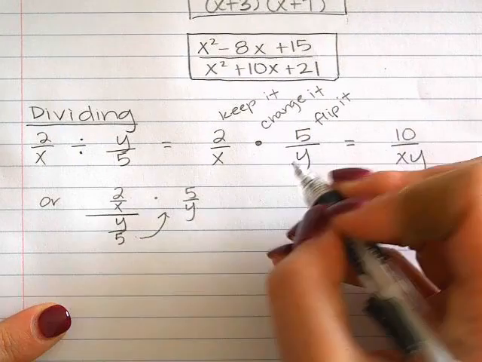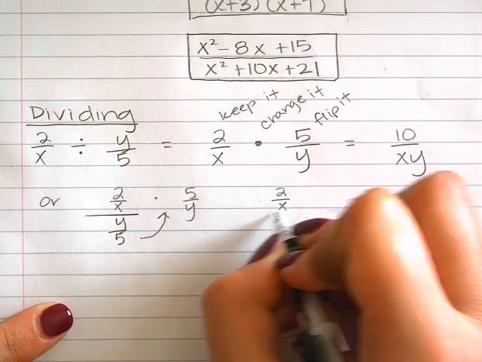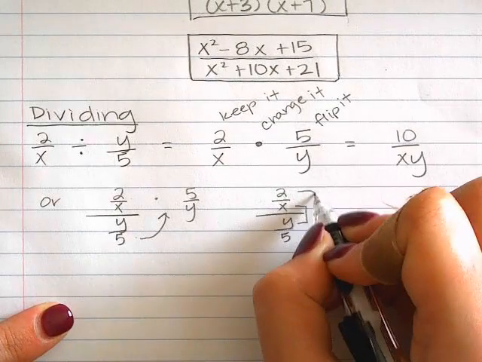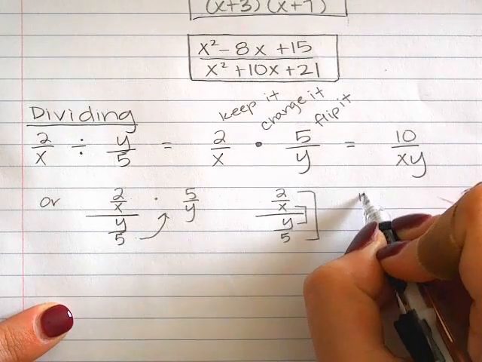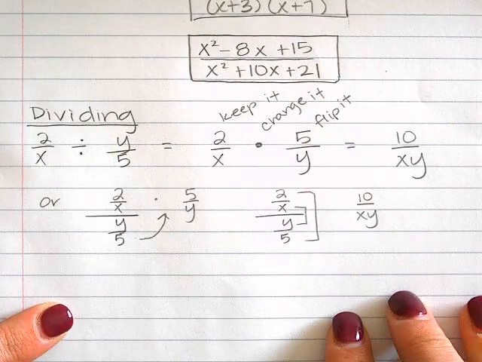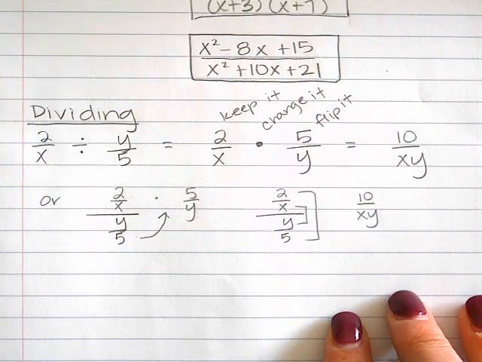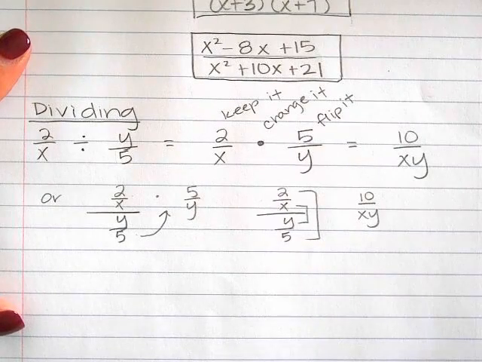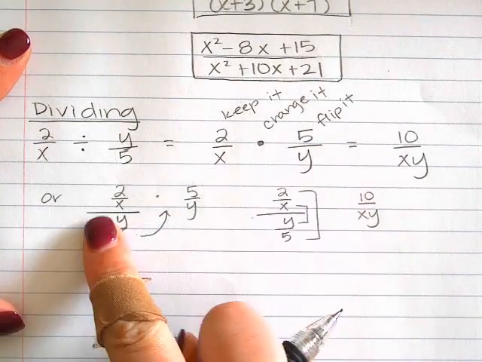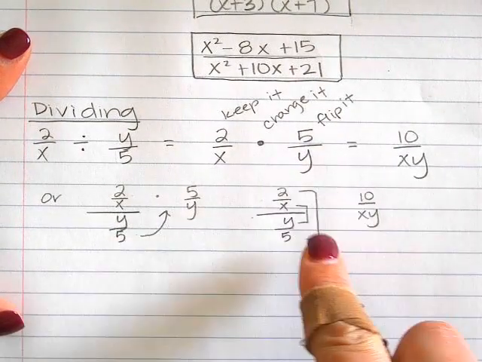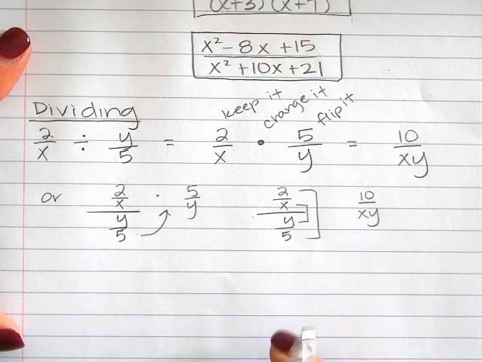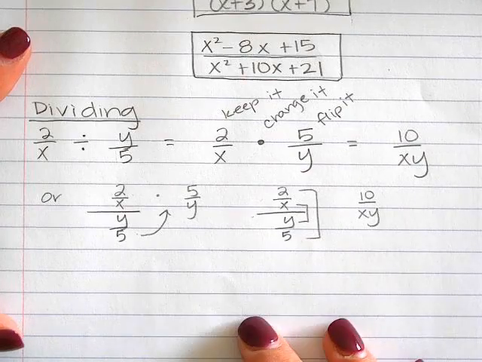I've also seen some teachers do this. And so they say that's 10 over xy. That one's not my favorite because I think that I would have mixed them up. But whichever way you have learned it before, keep it, change it, flip it, multiply by the reciprocal, or if you learned this method, all of them work the same. So you just have to let me know how you want me to phrase it for you so that you're comfortable.